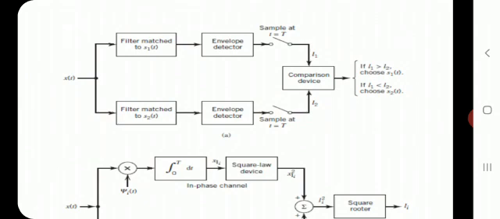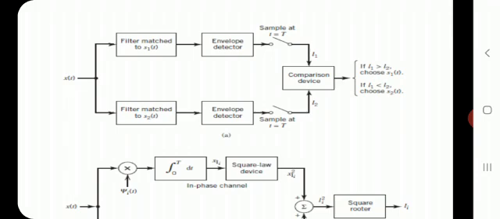Both probabilities are the same here. In other words, the average probability of error may be obtained by transmitting S1 of t and calculating the probability of choosing S2 of t, or vice versa. It is assumed that the original binary symbols, and therefore S1 of t and S2 of t, are equiprobable.